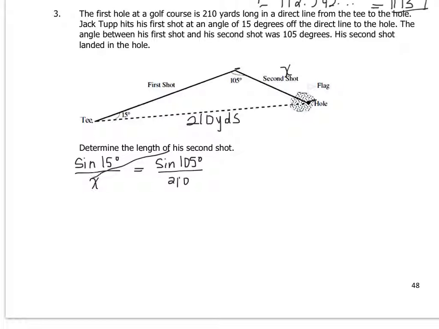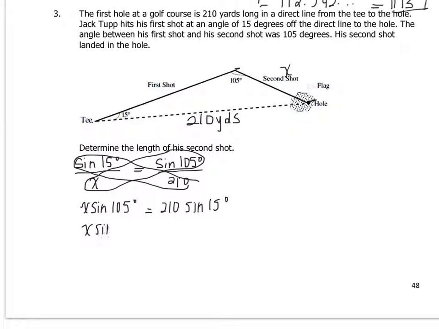And then we can just cross multiply and get x sine of 105 equals 210 times the sine of 15, and then work that out. 210 times the sine of 15, sorry, not 115, would be 54.35199, and so on.